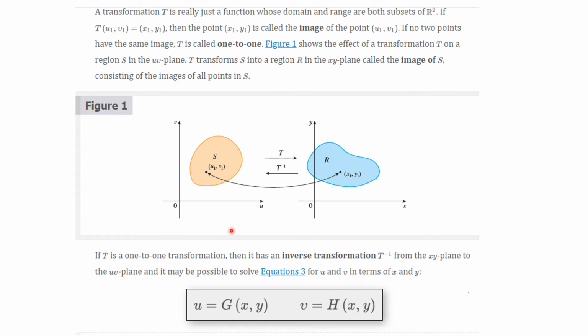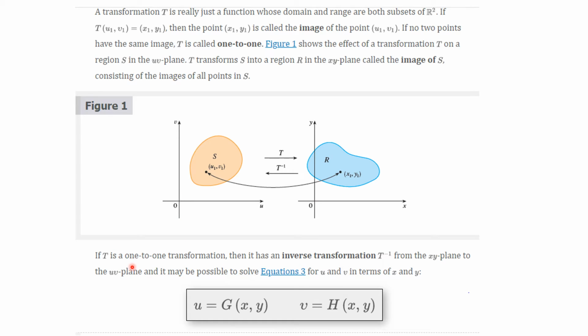The figure down here shows the effect of the transformation T on a region S in the uv plane. So we have S over here, T takes us over to here, and this is where the points go, and the inverse will go the other way, if there is an inverse.